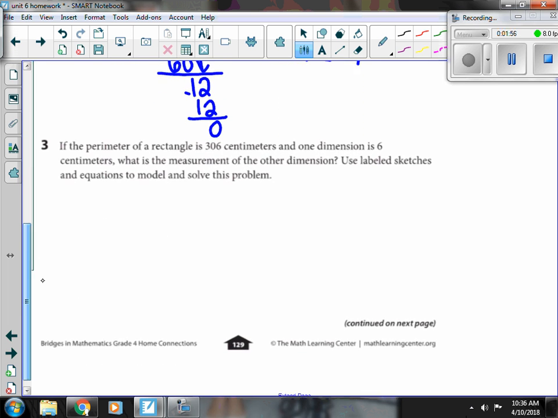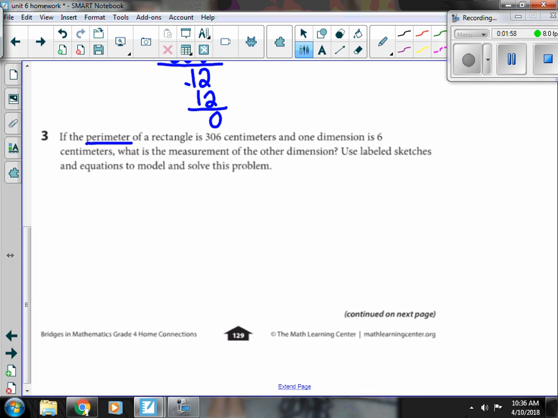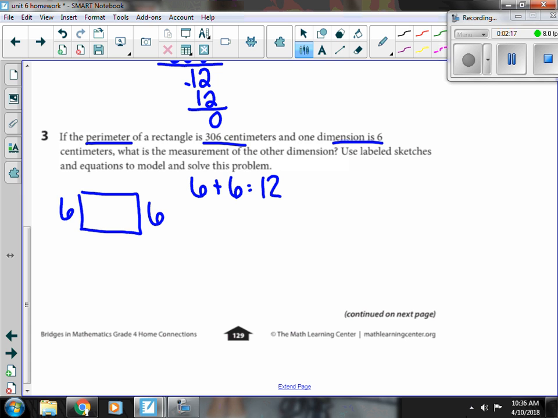And number 3, if the perimeter of a rectangle is 306 and one dimension is 6 centimeters, what's the other? Remember, this one is the one that we had to do a couple more steps. So if this side's 6 and this side's 6, I know that I have 12 centimeters. I was given 306.